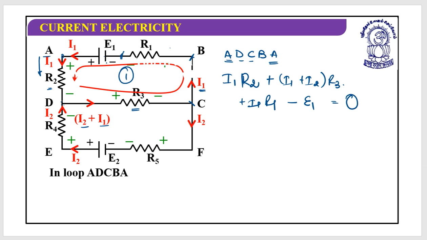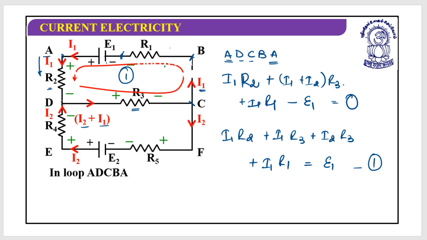I hope these things are clear. If you wish, you can solve this. It's I1 R2 plus I1 R3 plus I2 R3 plus I1 R1, and that should be equal to E1. This is relation number 1, in loop A, D, C, B, A.